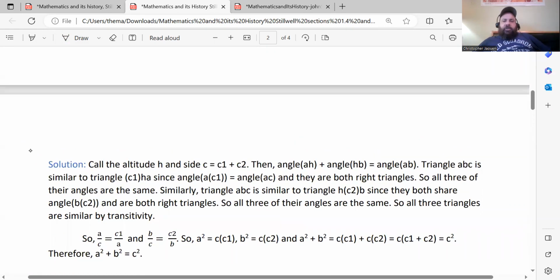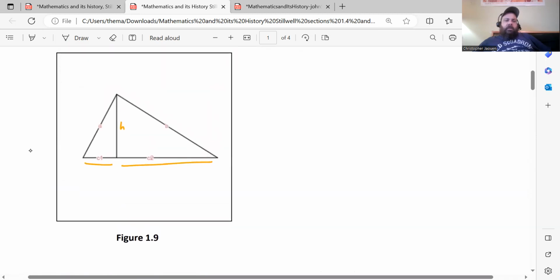So let's see, AH and HB. AH is this angle, and HB is this angle here. So this angle here is equal to angle AB.